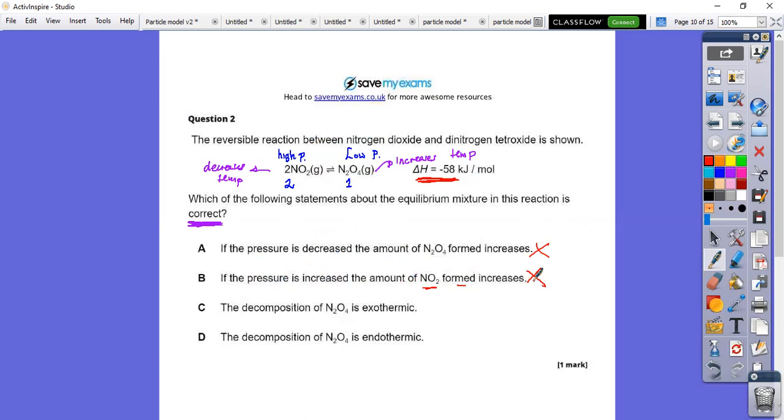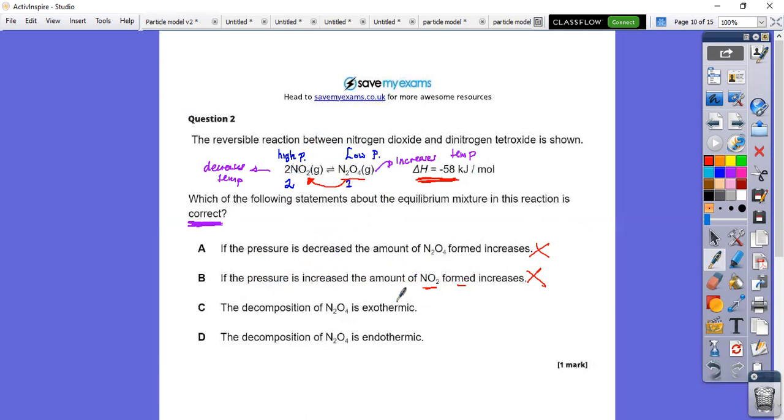Following so far? It says the decomposition of N2O4 is exothermic. The decomposition, meaning when this breaks down into that. That's what a decomposition is. But it can't be, because if this side is exothermic, this side must be endothermic.